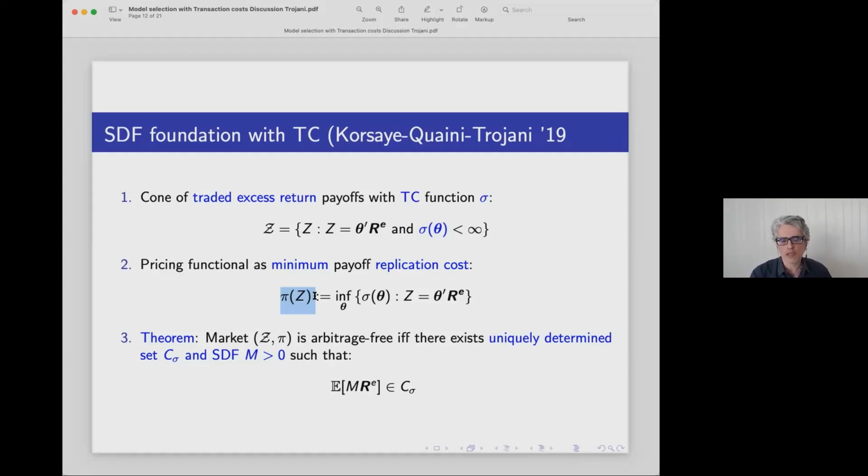So now what is going to be tricky is that compared to the classical setting where the pricing function is linear, that's basically the law of one price, this guy is not going to be linear anymore. It's going to be sublinear. Which means that if you try to construct a stochastic factor to approximate this pricing function, by construction, you will have some pricing errors, some alphas. And the alphas will be directly tied to the form of the cost. Now you can exactly characterize this. So we have this in a recent paper with Sofonia Scorsai and Alberto Quaini.